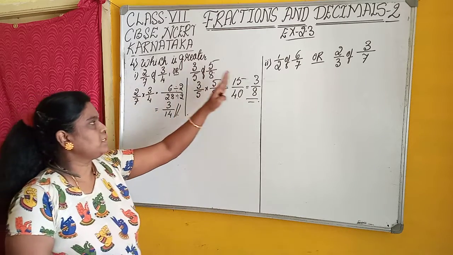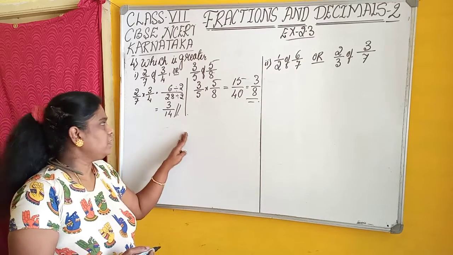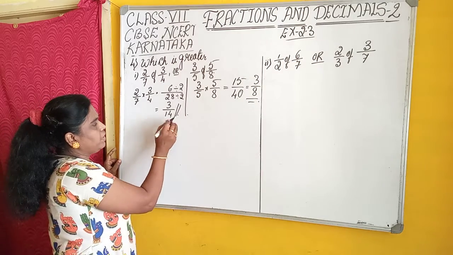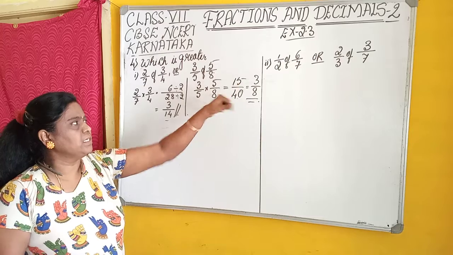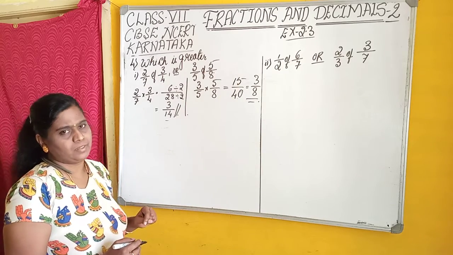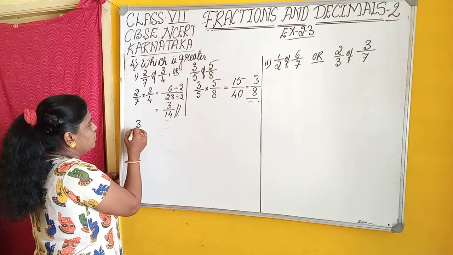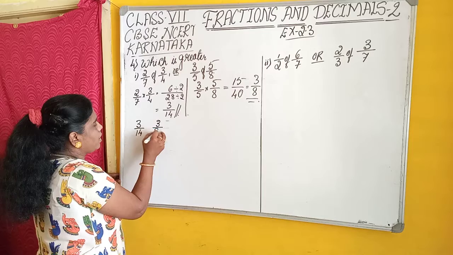The numerators are the same but the denominators are different. In that case, the number which has the greater denominator is less than the number which has the smaller denominator. I will tell you just for your knowledge, 3 by 14 and 3 by 8.